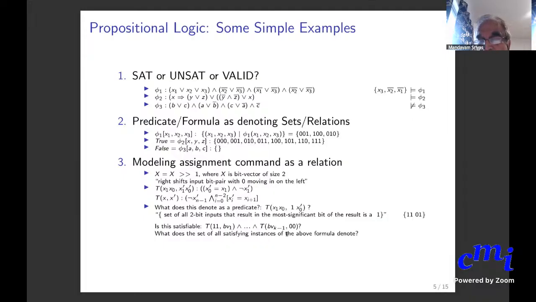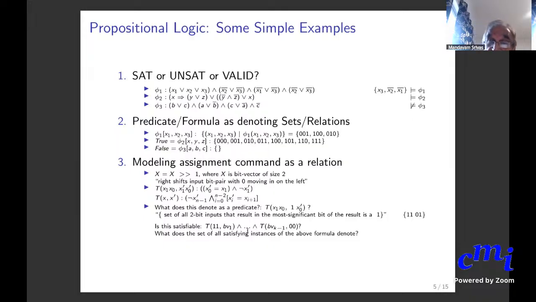What does that denote? I've already explained what T denotes. This is the effect of executing that statement once, right? So you could consider this the two-step thing.